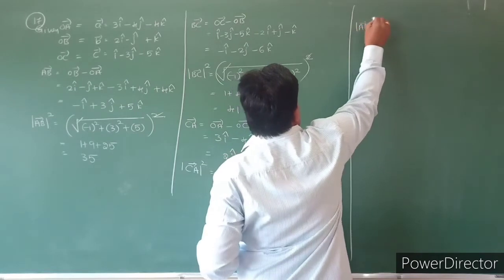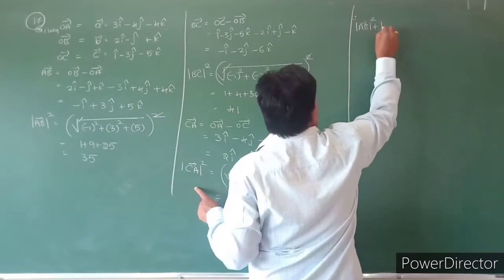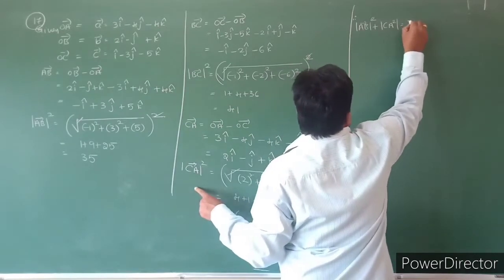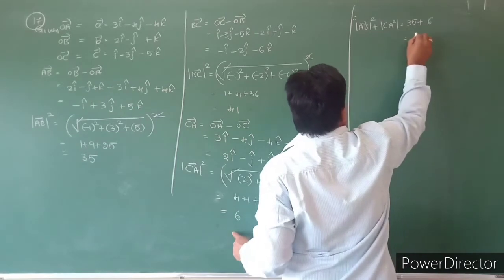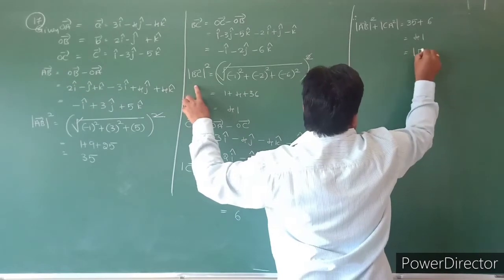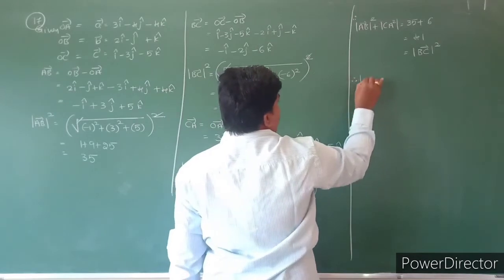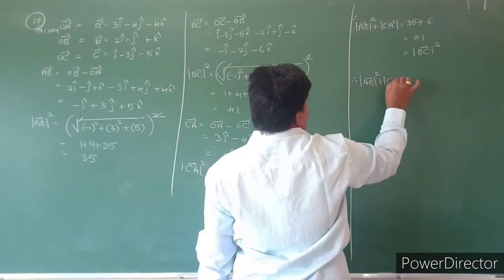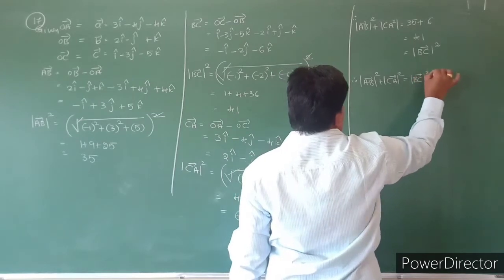Therefore mod AB square plus mod CA square is equal to 35 plus 6, that is equal to 41, which is nothing but mod BC square. So mod AB bar whole square plus mod CA bar whole square is equal to mod BC bar whole square.